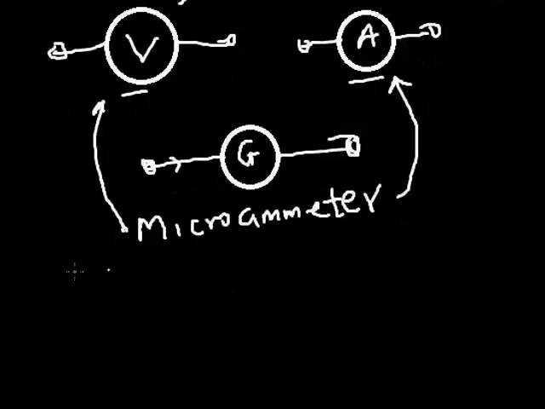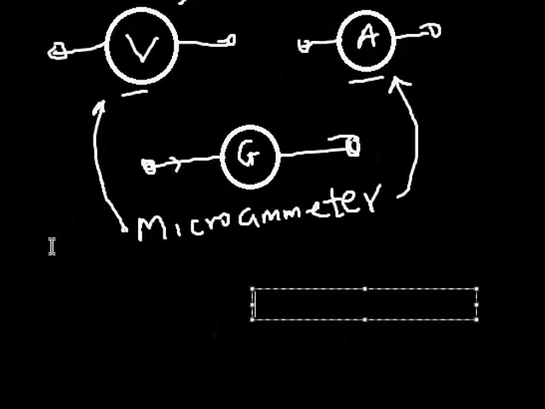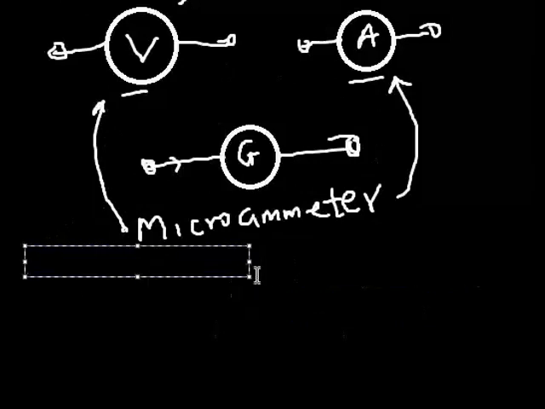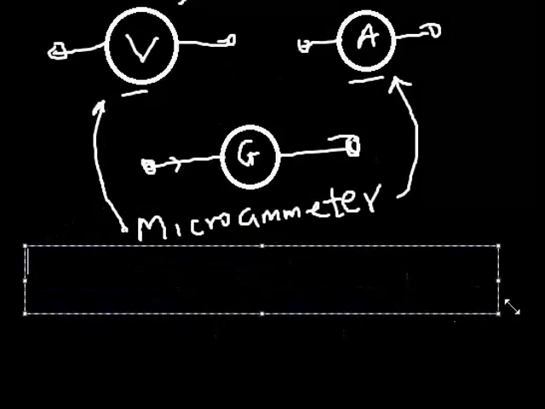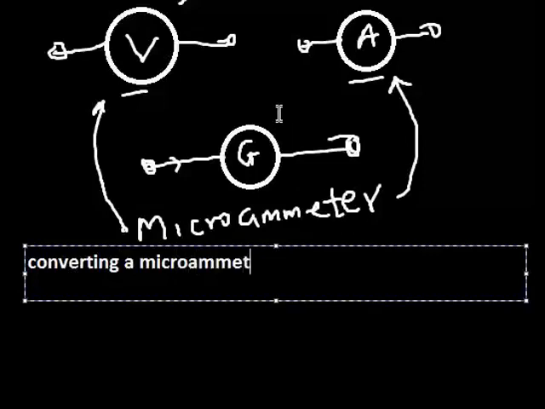Now, you are starting with converting a micro ammeter or galvanometer into an ammeter.